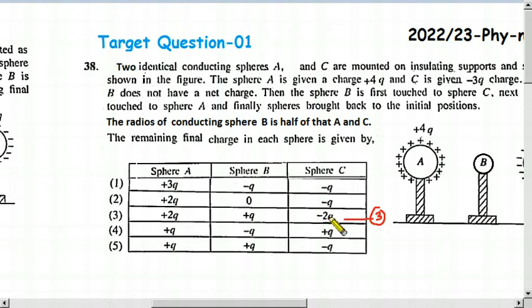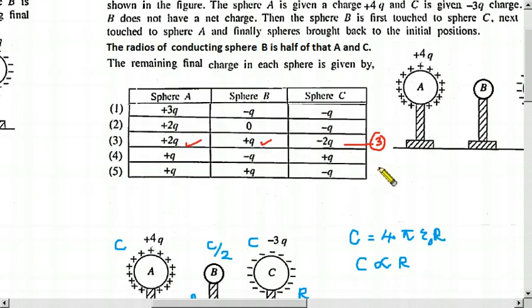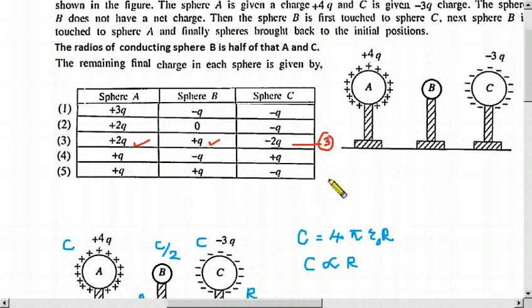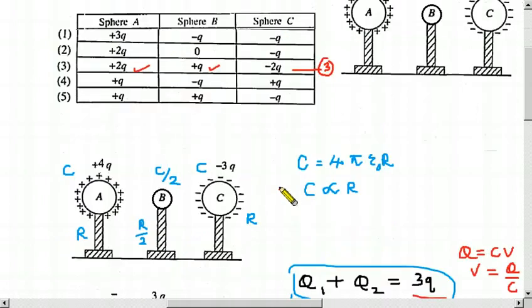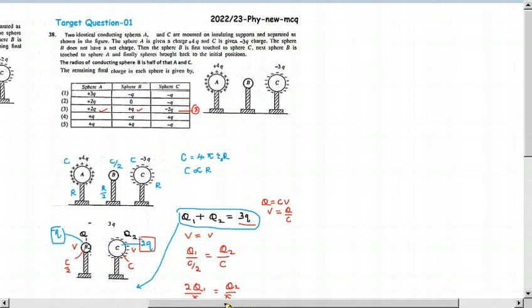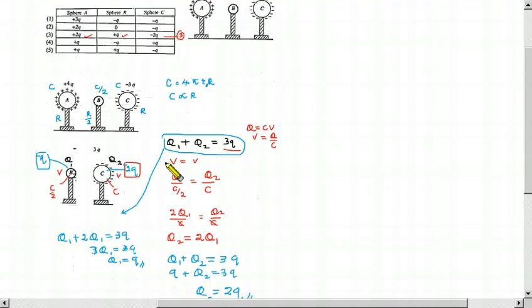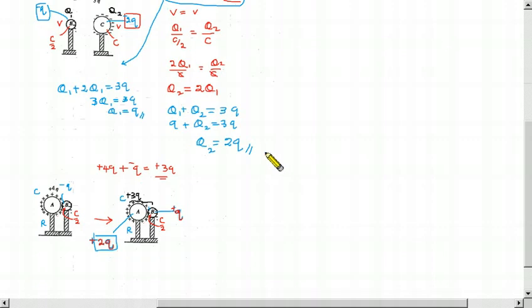So we have already selected this one, 2q, q, all are positive, only C is negative. So children, now we have done this one, finished. The third one is the answer. We didn't have to go this far. I told you that we could have stopped here after calculating this one.